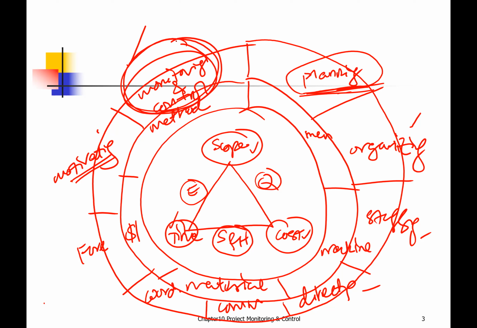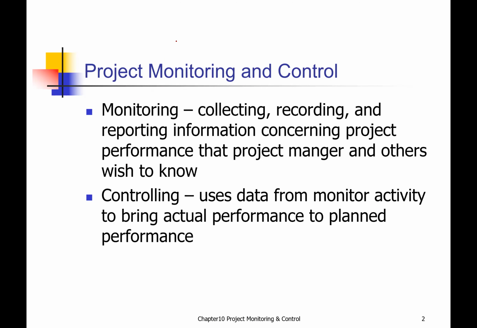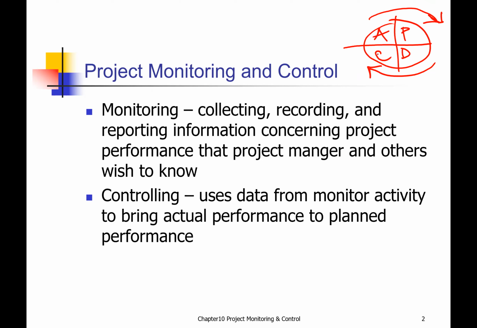In short, for the whole picture here, we can simply draw something like this: PDCA. I already showed you this diagram. PDCA, this is the cycle. What is P? P is plan. D is do. C is check. Check is similar to monitoring.